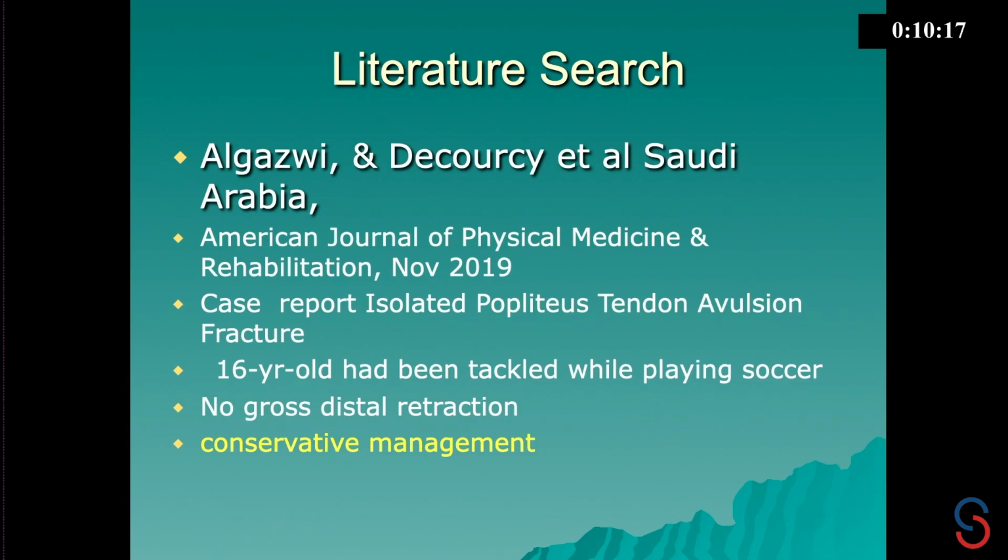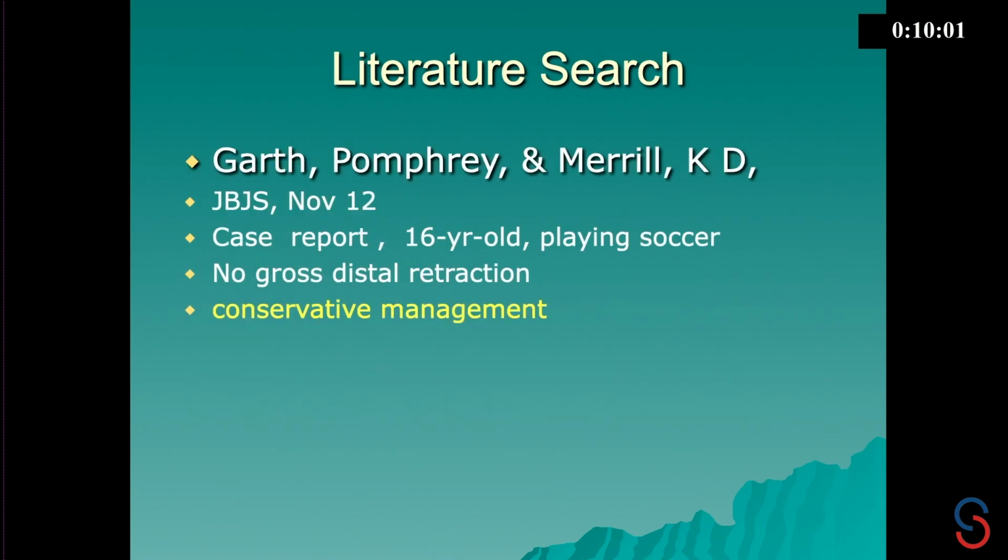Another case report from Saudi Arabia, also of an isolated fracture where no gross distal retraction was seen, therefore conservative treatment was done, as well as in this case report.